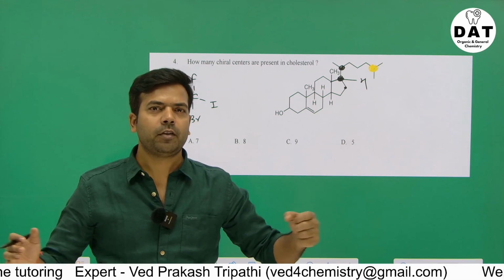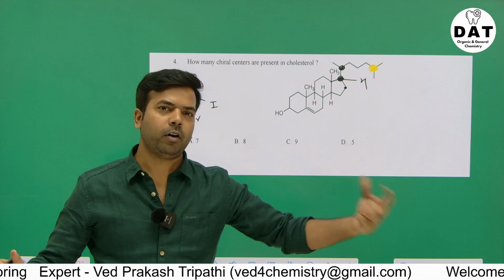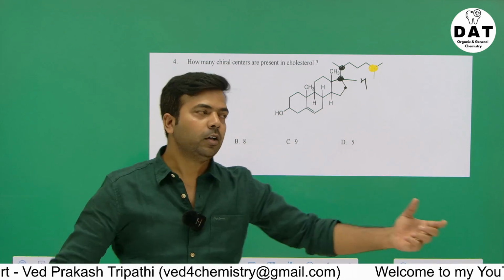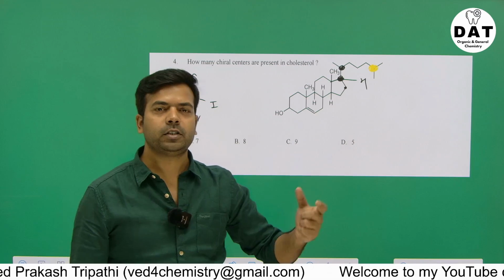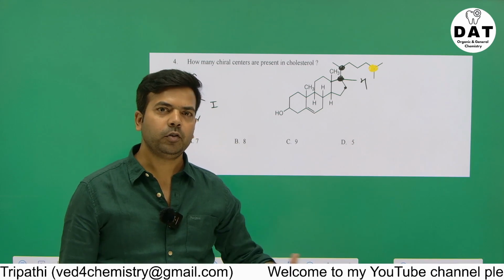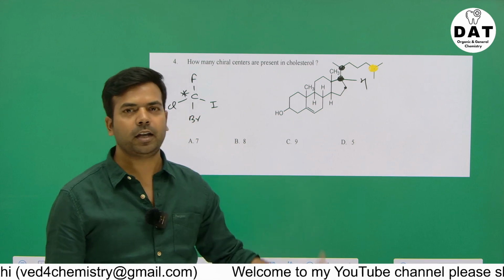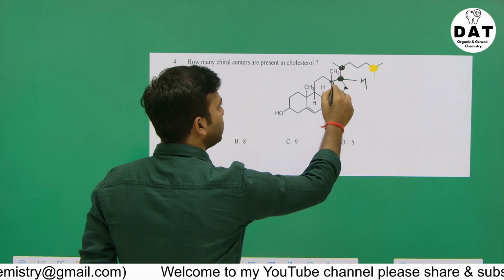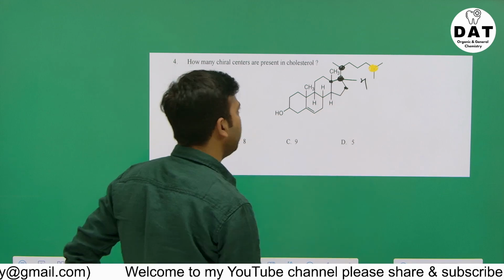So don't say we have the same groups. You have to move forward. If again we have CH2, again CH2, then again you have to move forward. It means once the very first neighboring atoms are the same, then move forward. If you get something different, then that can be chiral. Here you can see this is CH2 and this is not, this is just a C. So this is chiral.